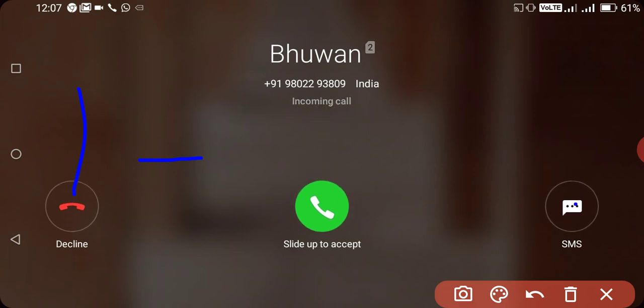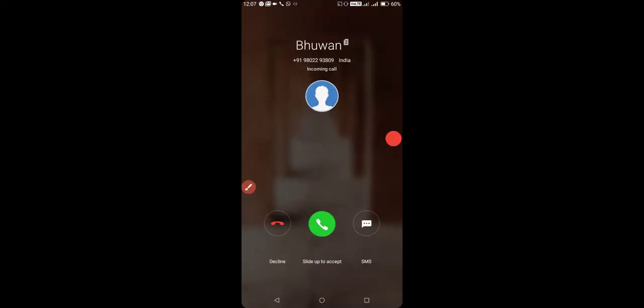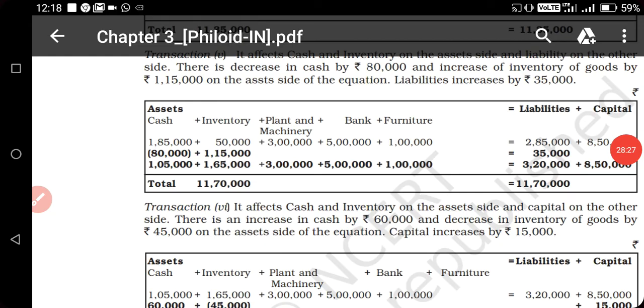In this transaction, 80,000 we are making the payment under the cash, and 35,000 we are not making the payment.